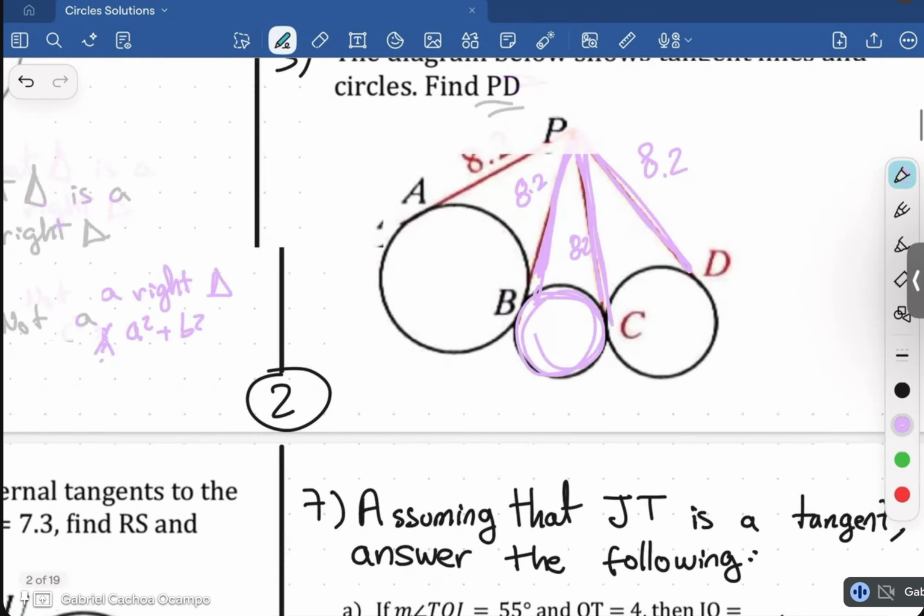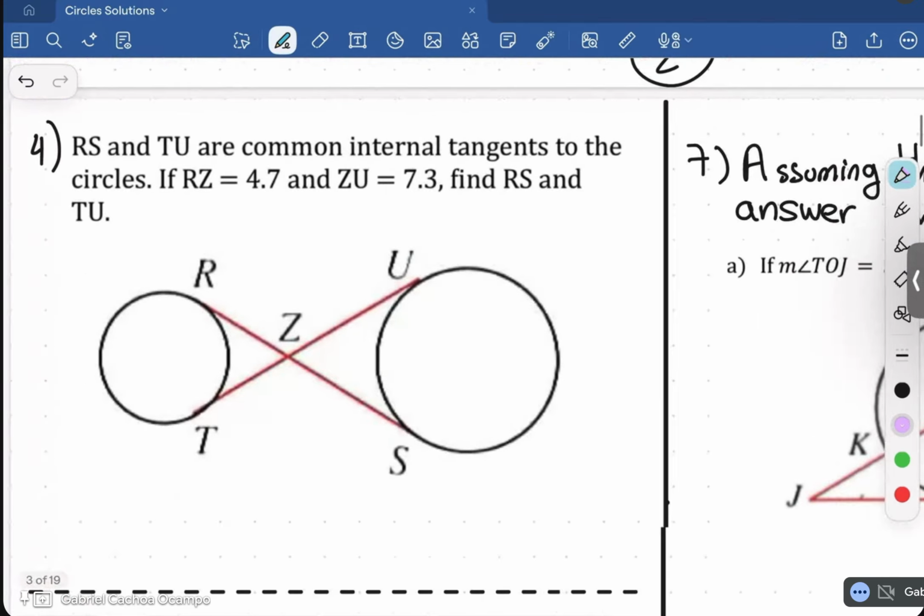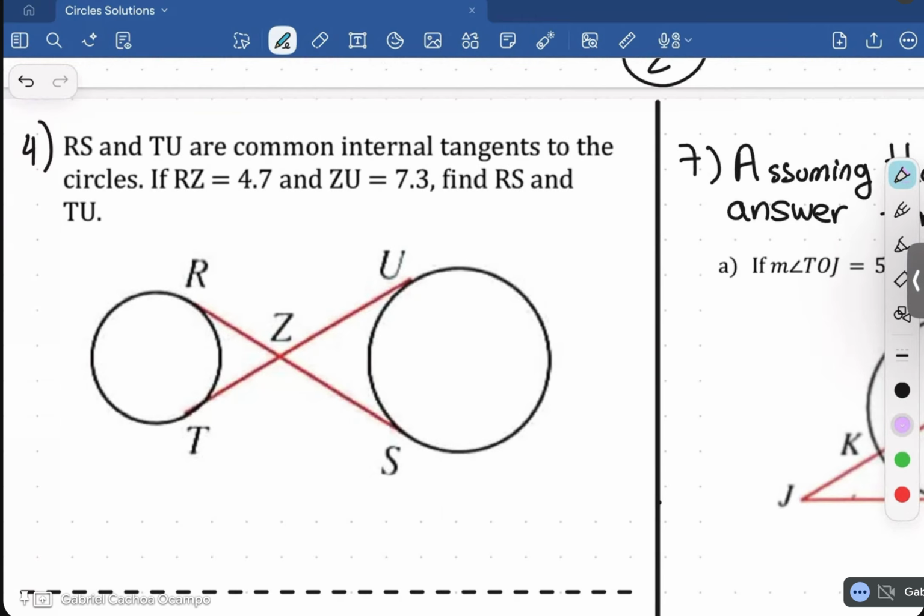so PD measures 8.2. This one, I think that we have done it before, so remember that RC, if this measures 4.7, this one should also measure 4.7 because it is a tangent that intersects outside of the circle, so they should measure the same.